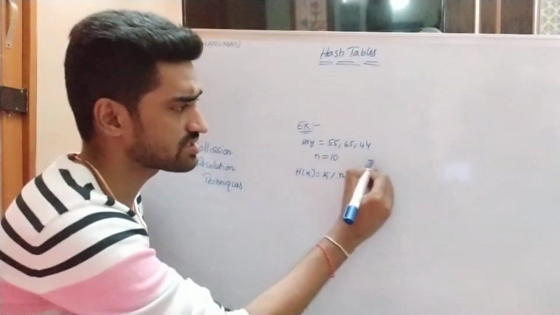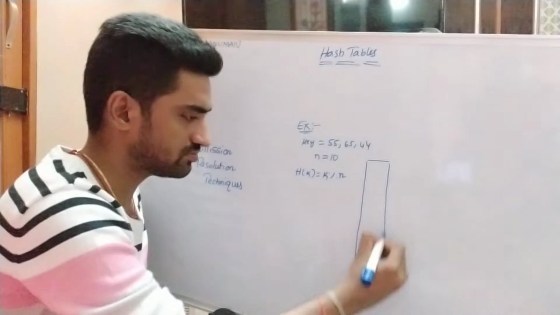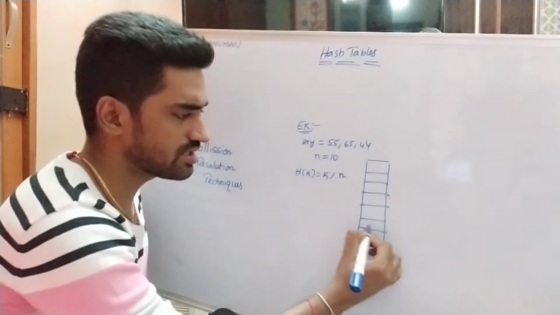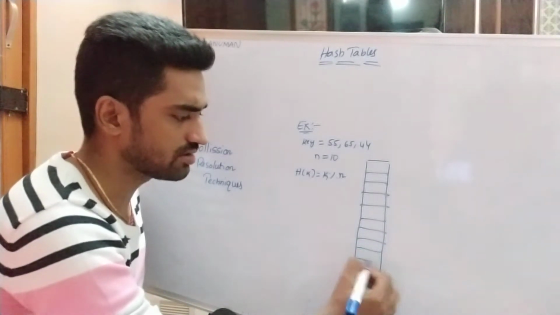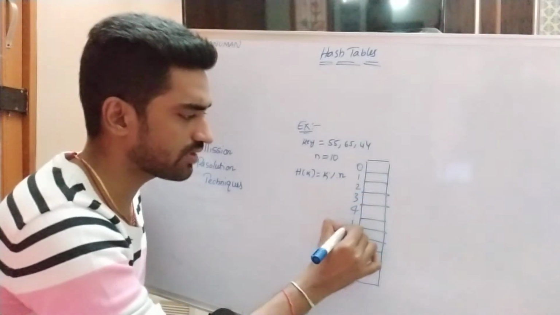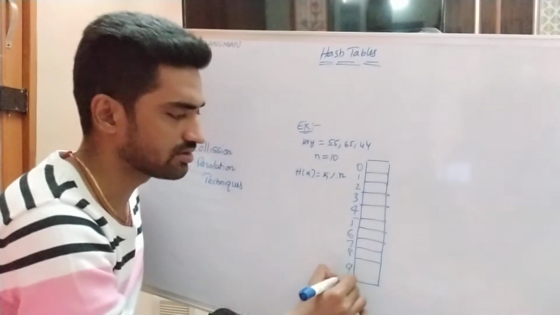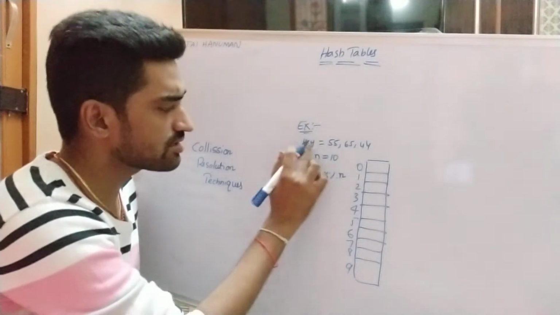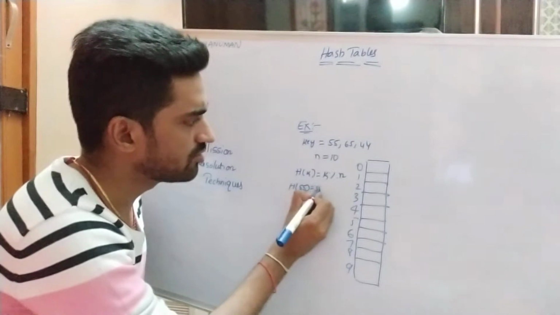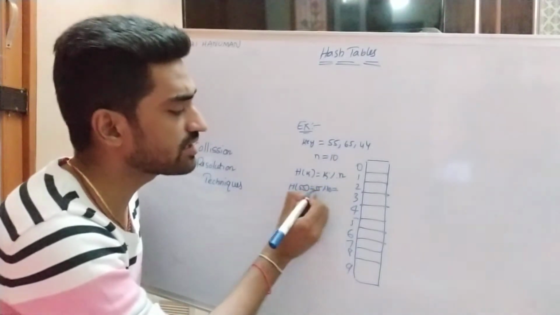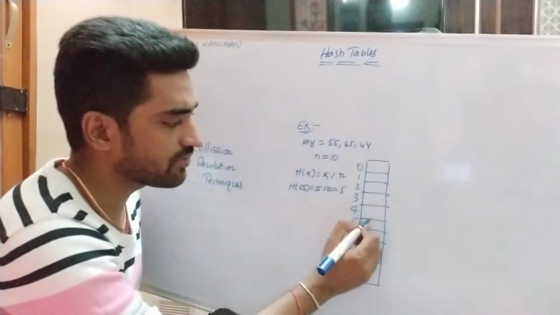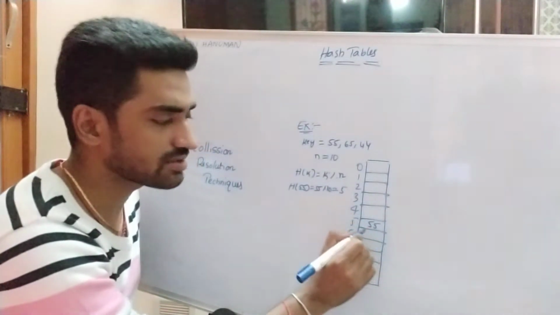The size of the hash table is 10, so the index runs from 0 to 9. First we insert key element H(55): 55 modulo 10. The remainder is 5, so at the fifth position, the key element 55 is inserted.